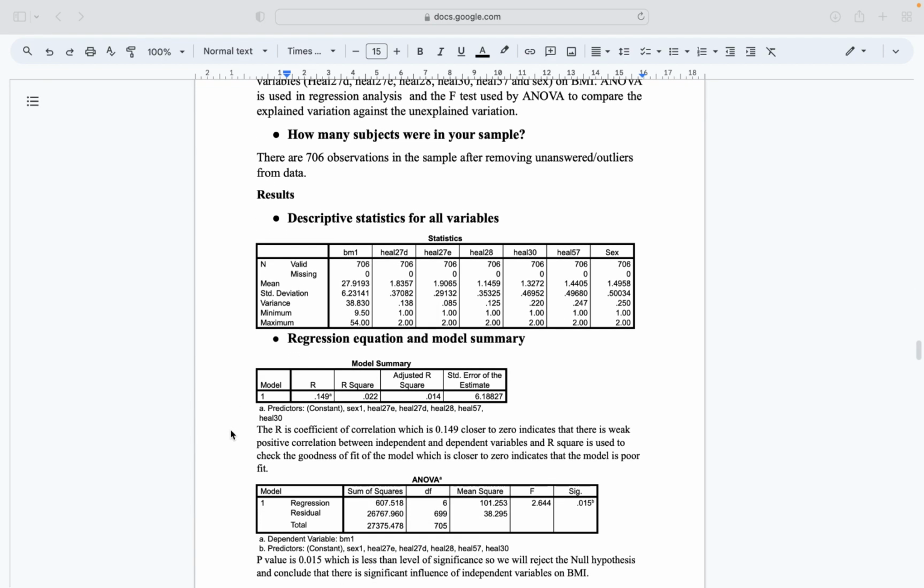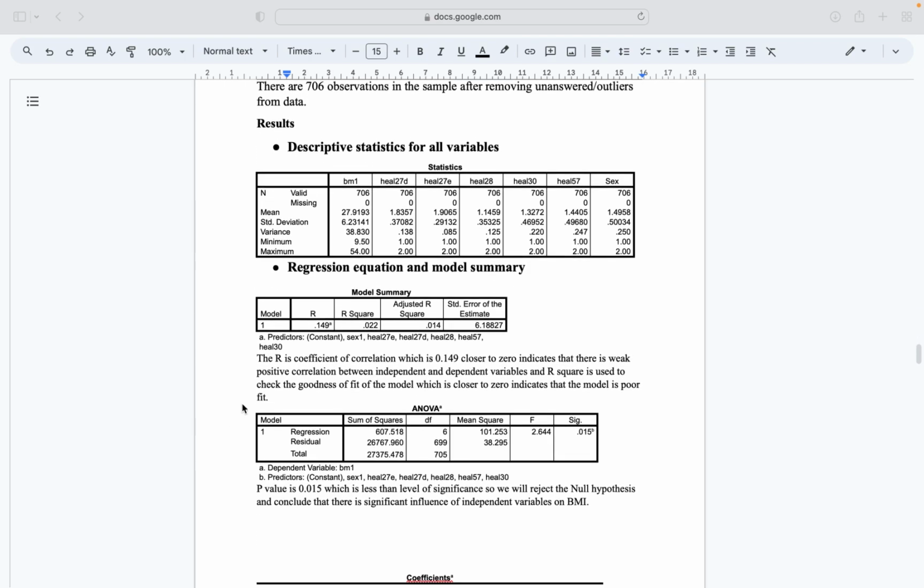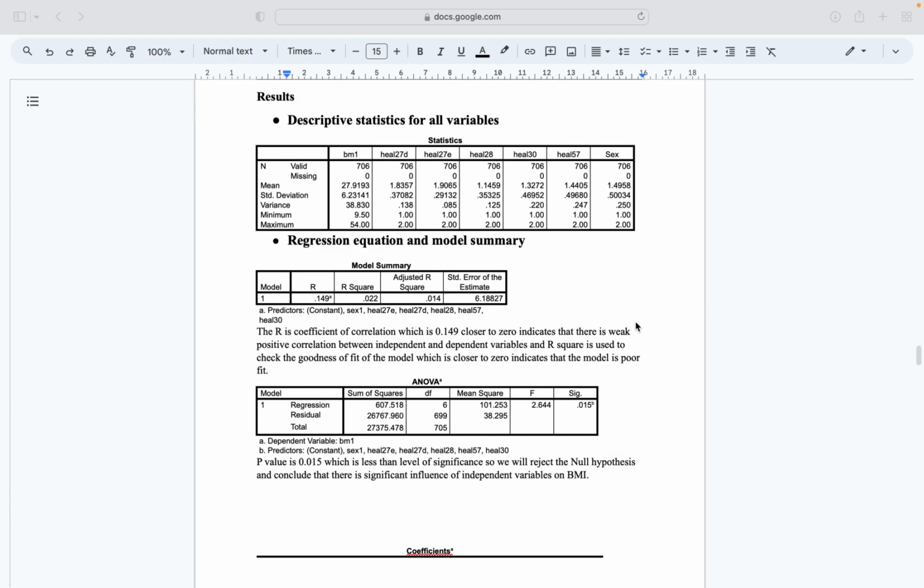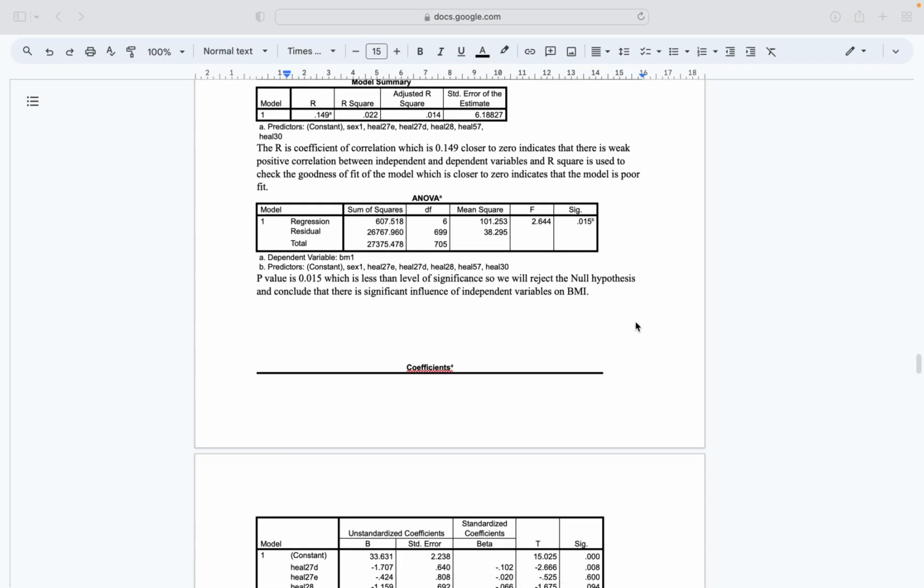This will be the results below with my descriptive statistics for all the variables. And this is the regression equation and model summary. My p-value is 0.015, which is of course less than the level of significance. So I will also reject the null hypothesis.